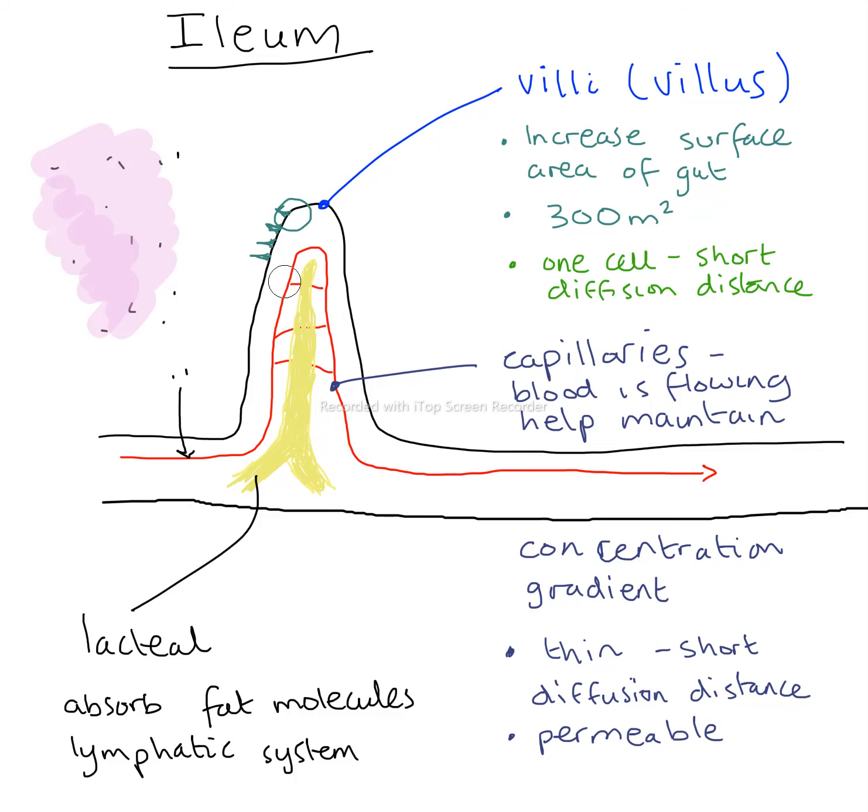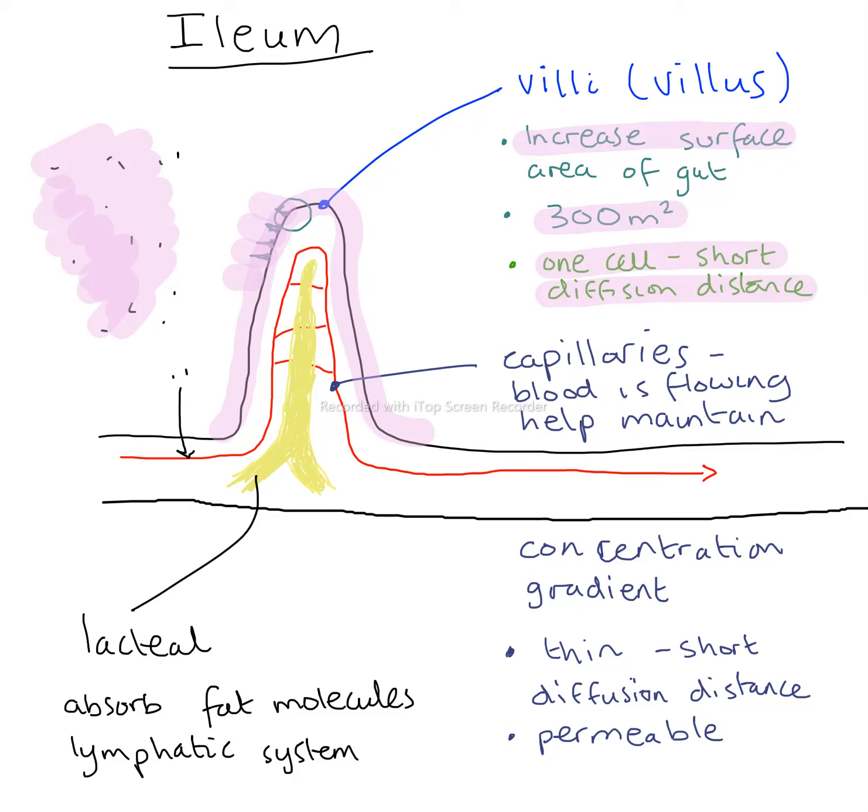First of all, you've got these projections here. They're called villi. They have little projections called microvilli. They greatly increase the surface area to about 300 square meters. They have very short diffusion distances. They're only one cell thick, so that makes diffusion more efficient.